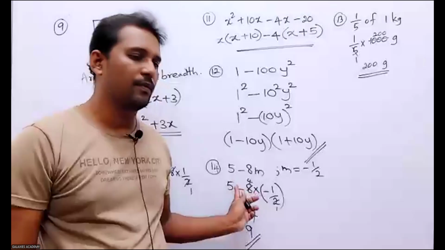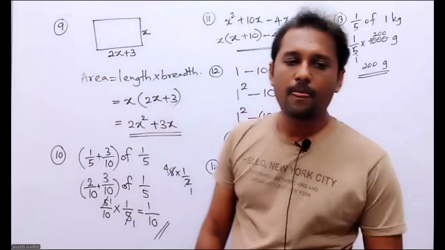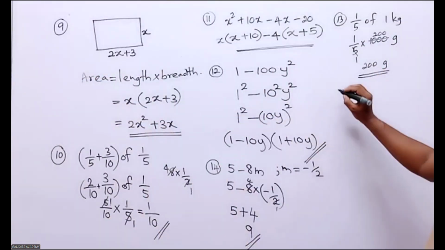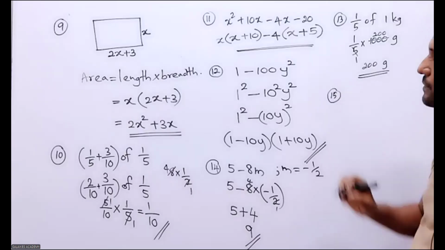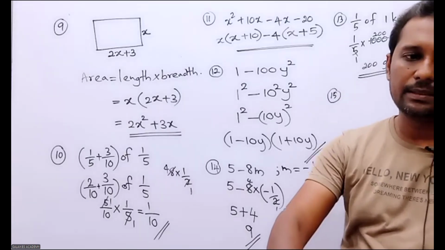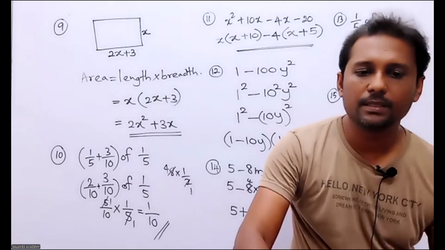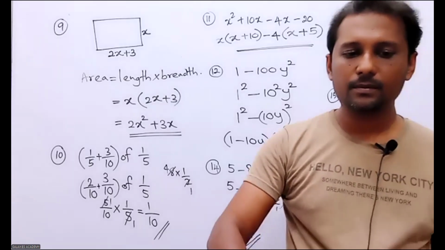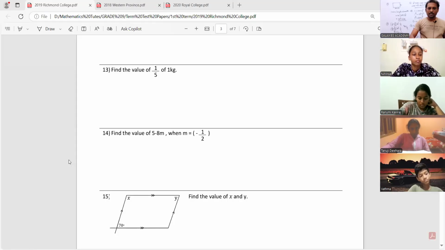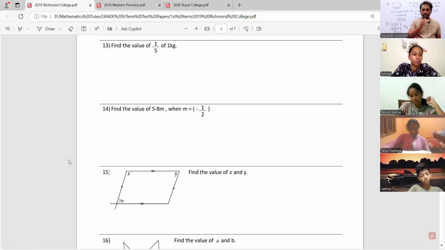Earlier I discussed the 14th question. Then next we have to discuss the 15th question. Right? Question number 15. Look at the 15th question. There's a diagram given. You have to find the values of x and y.